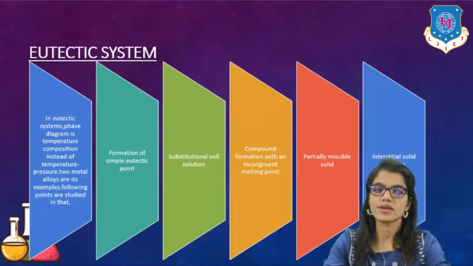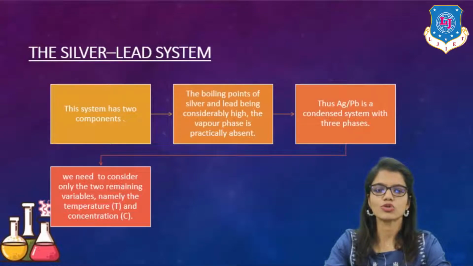So it will give us an idea about many metallurgical operations as well as their uses in different kinds of industries, right? Now let's move on to the next one.